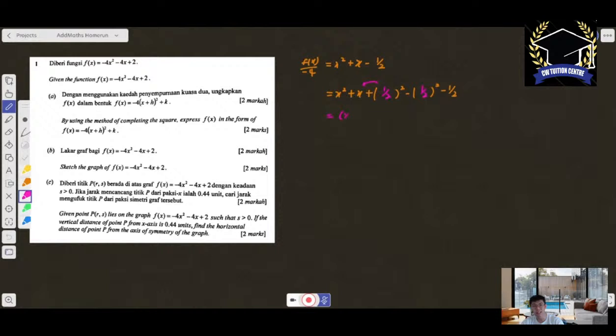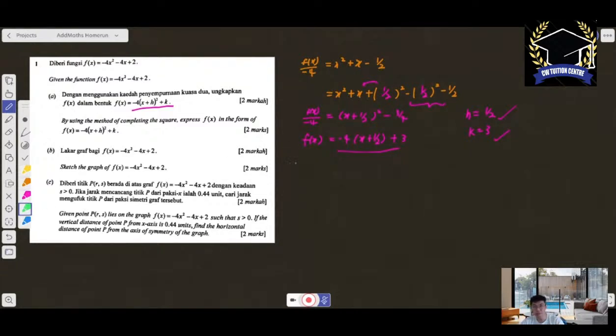So combine them, (x plus 1/2) squared minus the whole thing behind, press the calculator. -3/4. This is your f(x) divided by -4. So f(x) will be -4 bracket (x plus 1/2) squared, times -4 at the back. So you see, I compare this part with this part. What can I say? I can say that h is -1/2 and k is 3. So that's the answer. It's the same as what we do here.